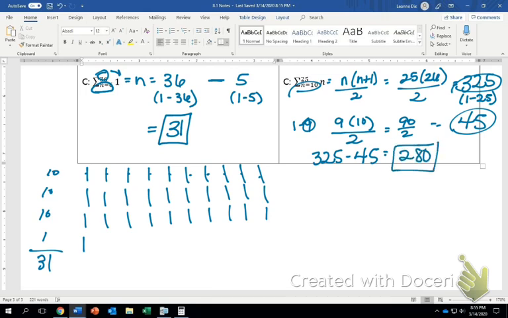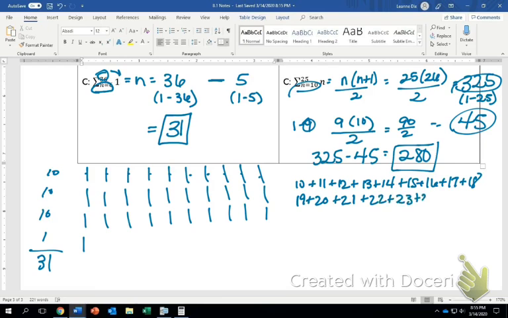And again, if you want to plug it in just to double check, we're doing 10, 11, 12, 13, 14, 15, 16, 17, 18, 19, 20, 21, 22, 23, 24, and 25. You can take all of this, plug it into your calculator, and it's going to equal 280.